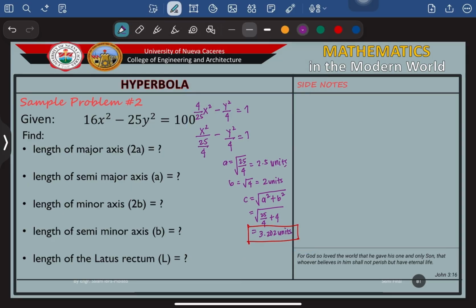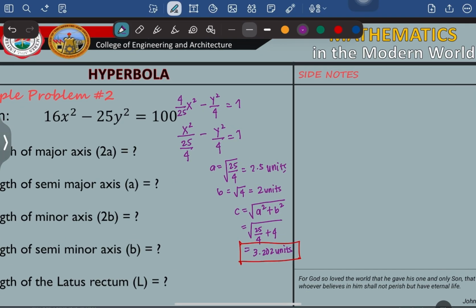For the length of the major axis, so get the twice A. 2 times 2.5 is 5 units.